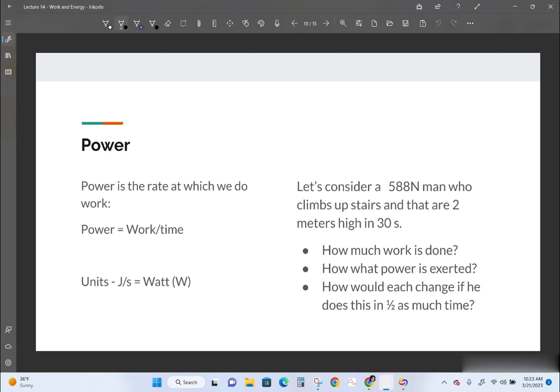So let's just do an example again with some numbers. So we're lifting a 588 Newton man up the stairs, and it's 2 meters high in this case.